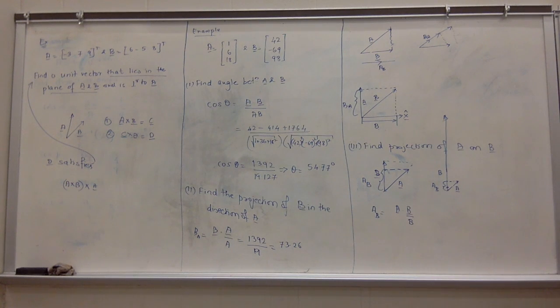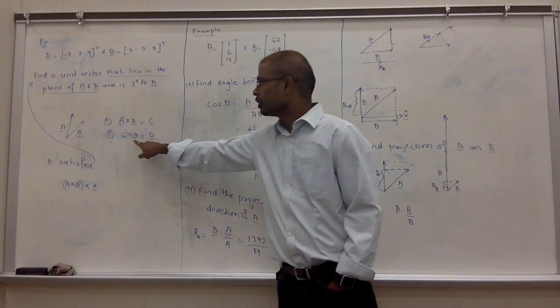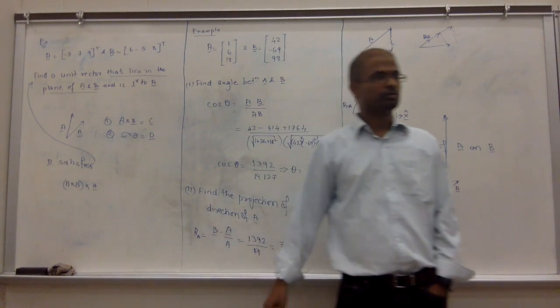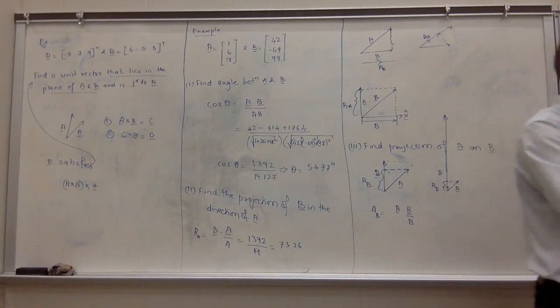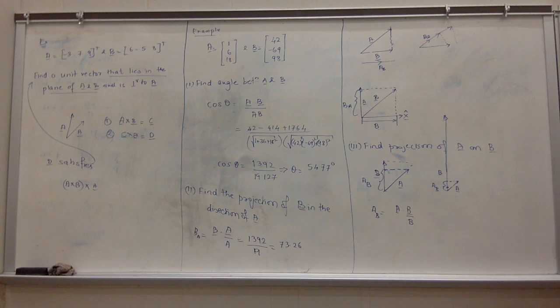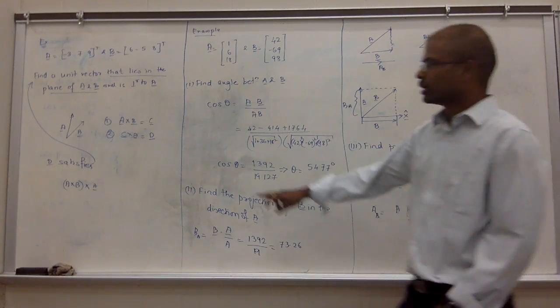You can actually do that as well. Yeah, you're right. This or that would be the same. So you can do A cross C as well. It is just another vector. It's a collinear vector, but the direction is different.